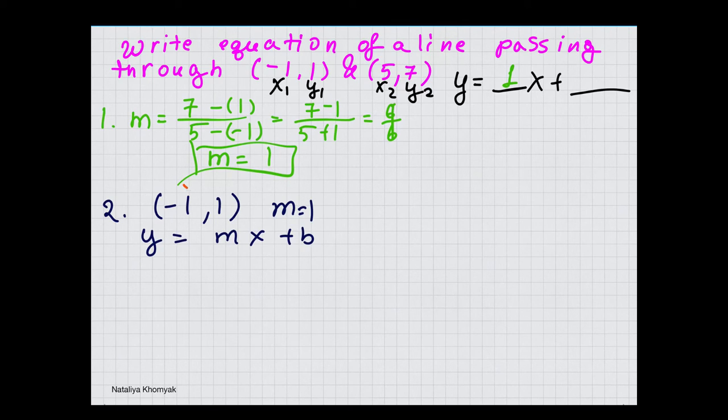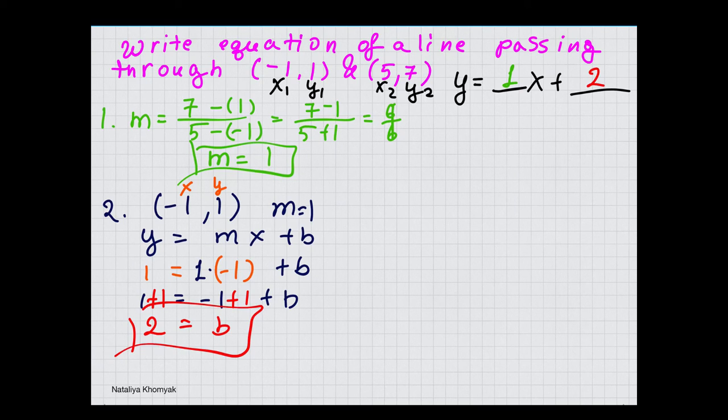So we have x, y, we have 1 equals, m is 1 times x is negative 1 plus b. So we have 1 equals negative 1 plus b. So we do additive inverse of plus 1 to both sides. And we have 2 equals b. So y equals x plus 2 is our solution.